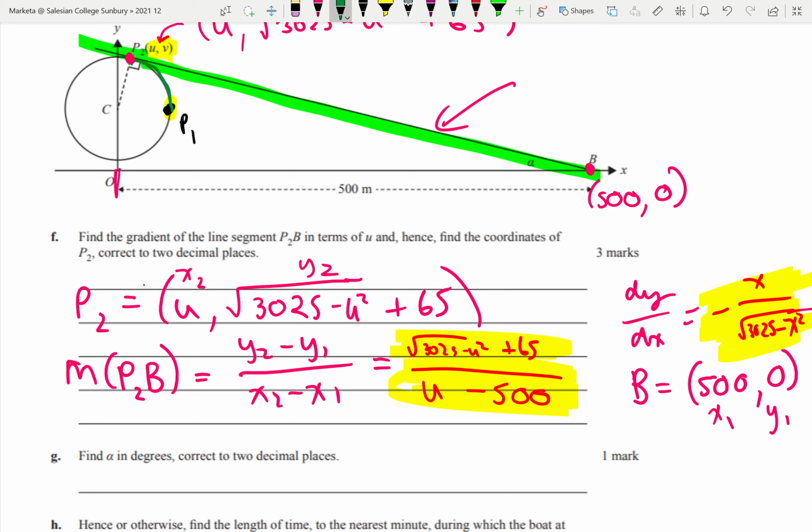So I can say root 3025 minus u squared plus 65 over u minus 500 equals negative x over root 3025 minus x squared. And I actually should make them, if I'm putting into CAS, of course I'm going to put x, but for the sake of showing my working out, I might just leave it as u, because that's what we're trying to find.